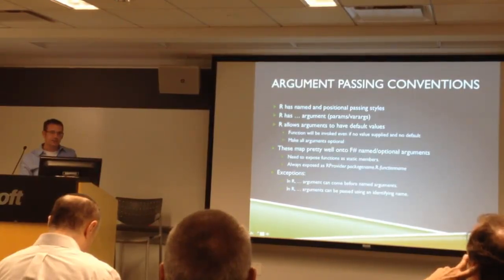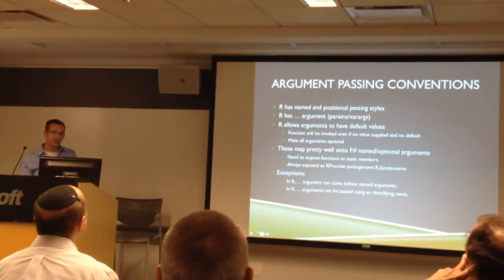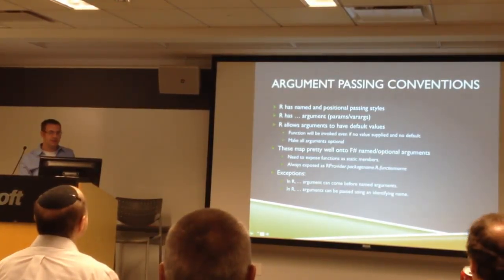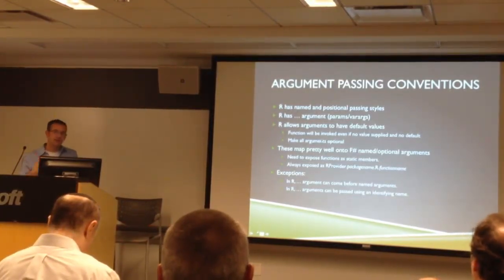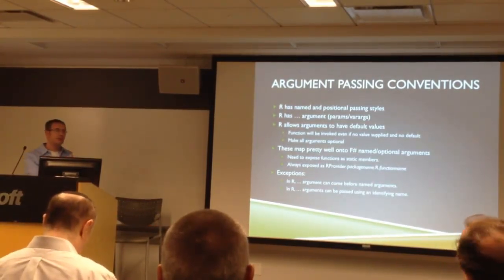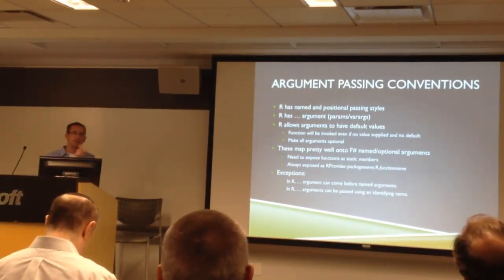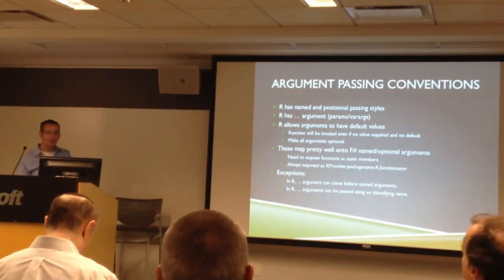Some stuff about arguments here: default values, named optional arguments. We basically covered that already, but named arguments you have to pass as a dictionary or as pairs if you want to pass them to R. Otherwise, you can use F#'s named argument passing where you say name equals. That matches pretty well with F# named and optional arguments.